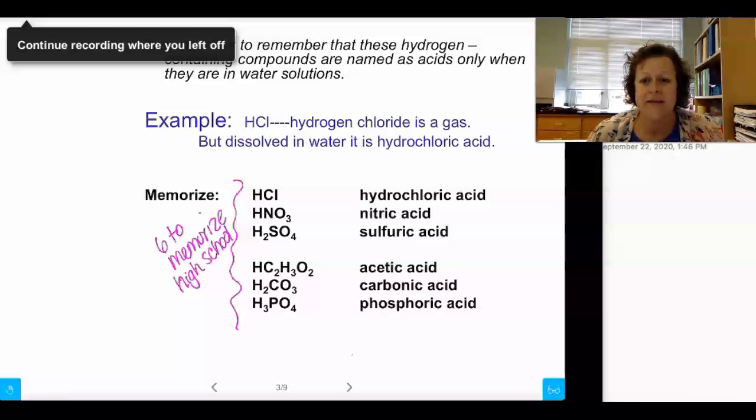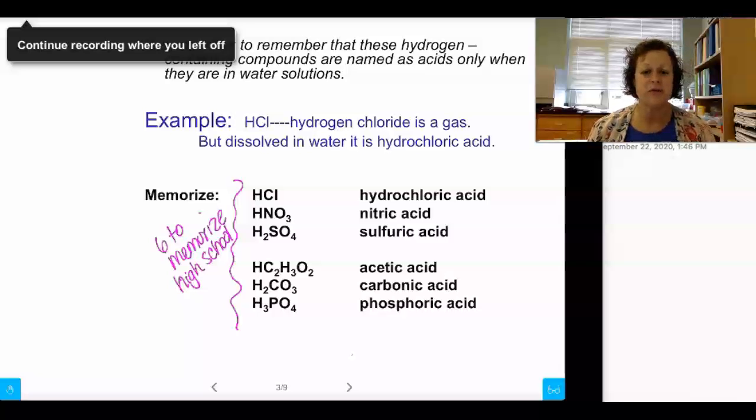What makes acids dangerous? Acids are dangerous based on their concentration. As they get more concentrated, stronger acids become more dangerous. They can burn holes in your clothes, just like at the beginning of the year when we were talking about safety.